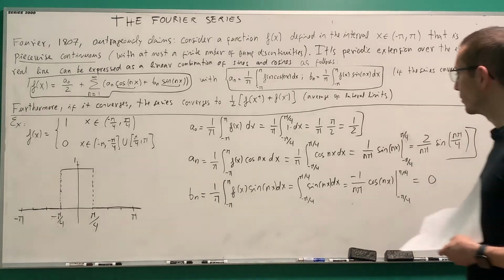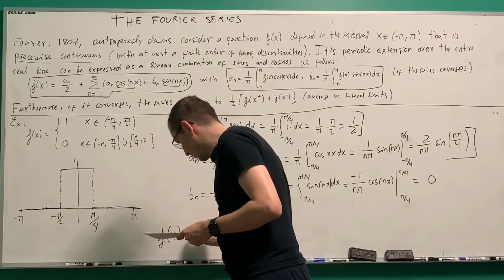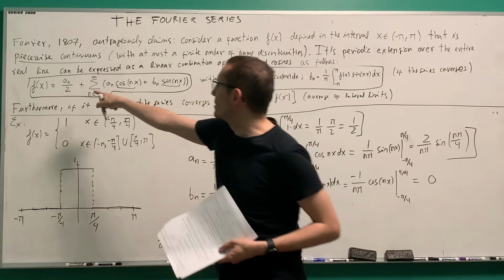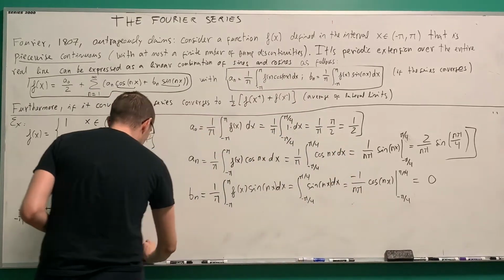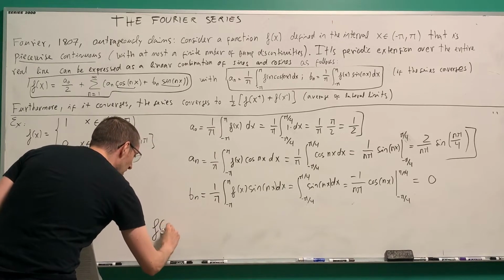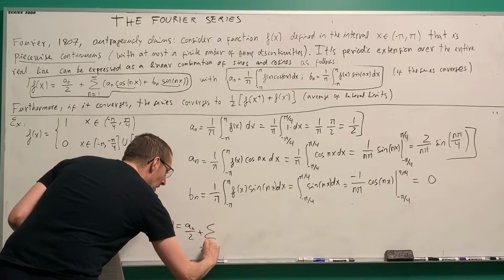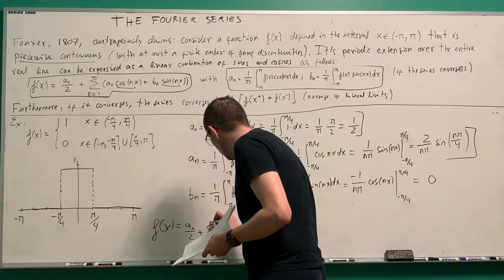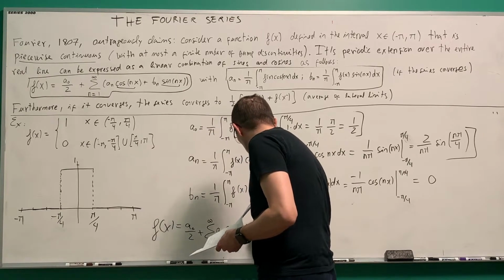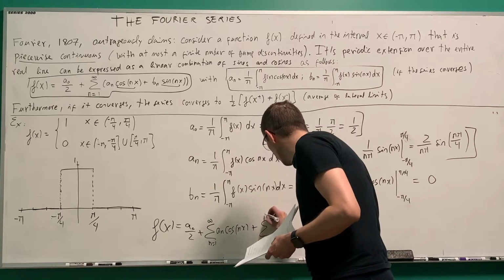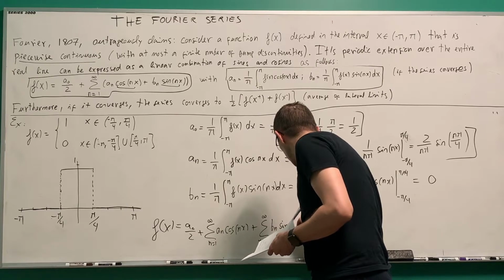All right, so that means that the solution is f of x. Maybe I should write it. I'll write the expression and then I'll write the substitution. So f of x is equal to A0 divided by 2 plus sum over n equals 1 to infinity of an cosine nx plus sum n equals 1 to infinity of bn sine nx.